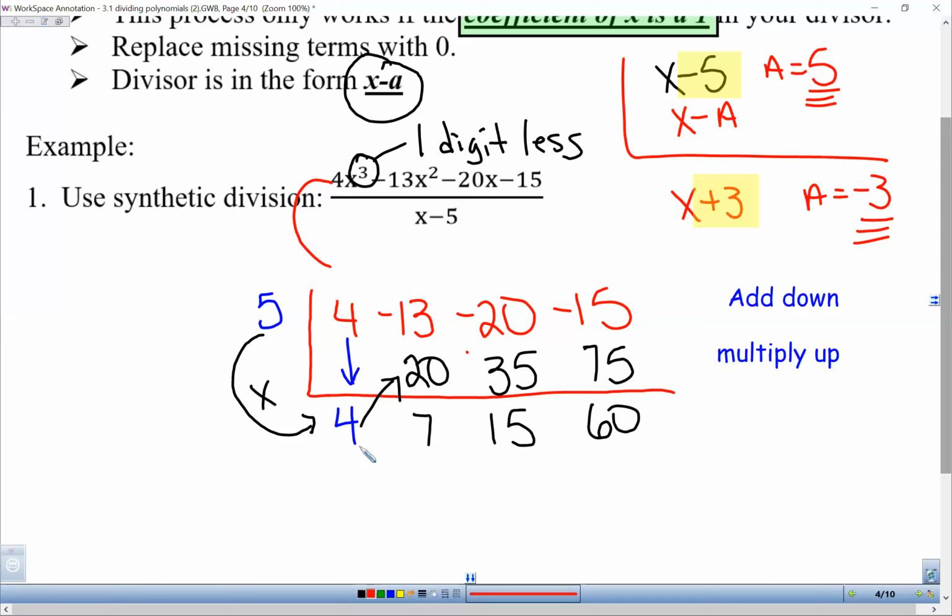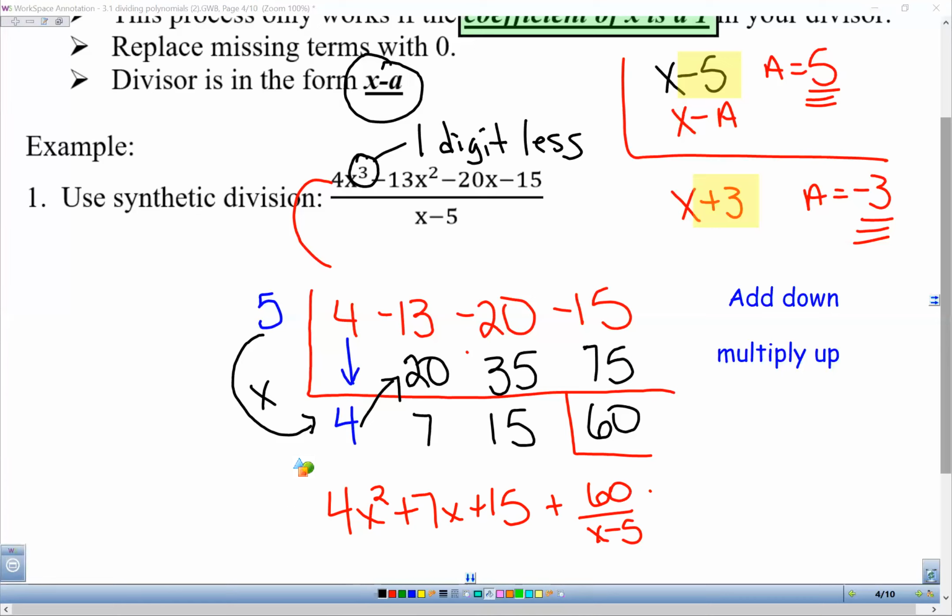So starting with our 4, we've got a 4x squared plus 7x plus 15. And the last number is our remainder. So that's going to be plus 60 over x minus 5.